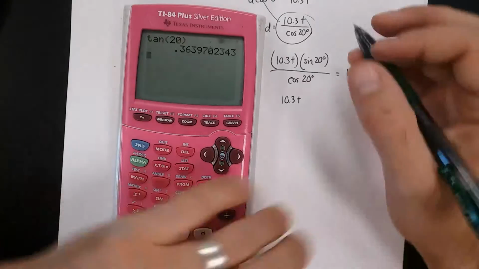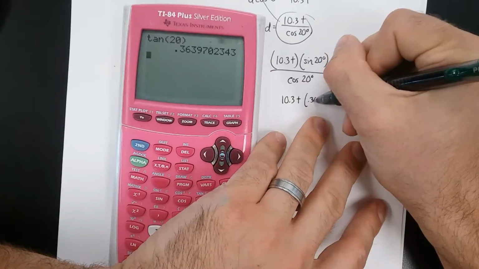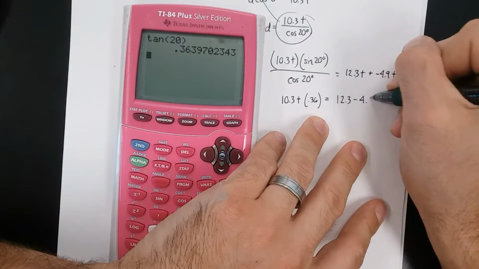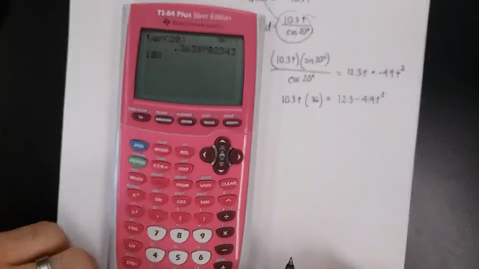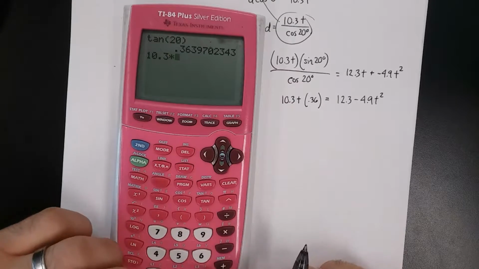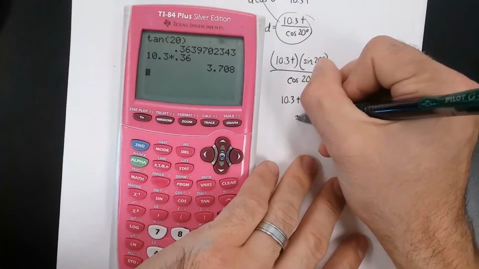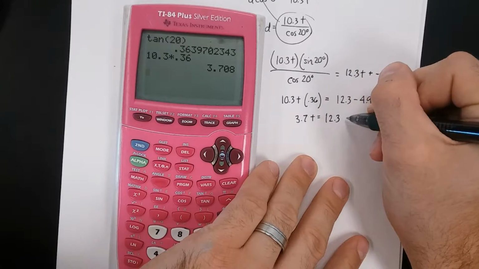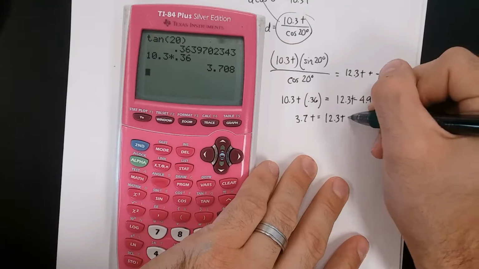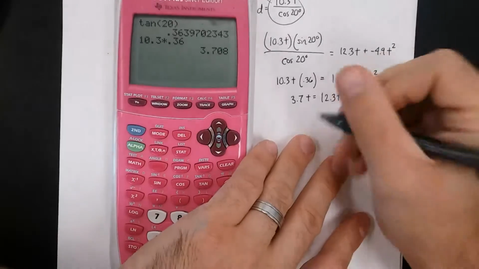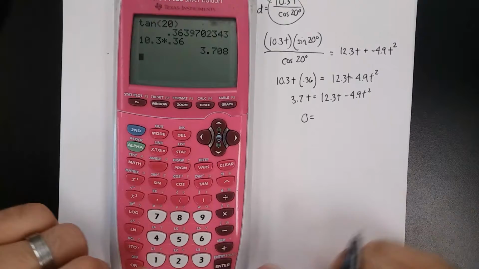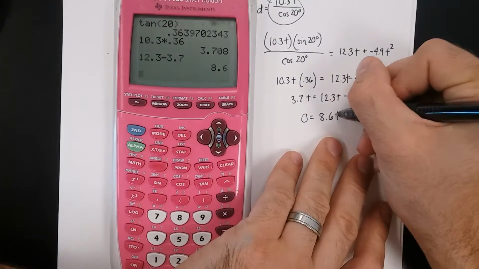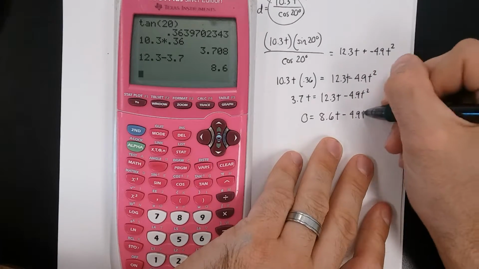Tangent of 20 is 0.36, equals 12.3 minus 4.9 t squared, or one last simplification for now. 3.7 t equals 12.3 t minus 4.9 t squared, or 0 equals 8.6 t minus 4.9 t squared.